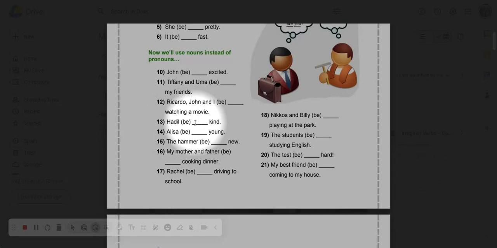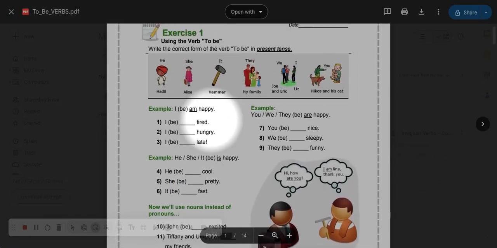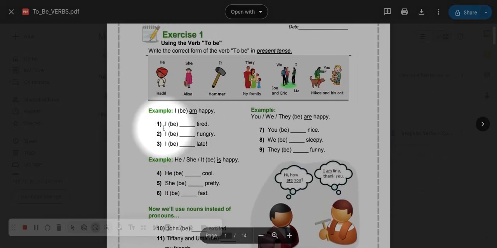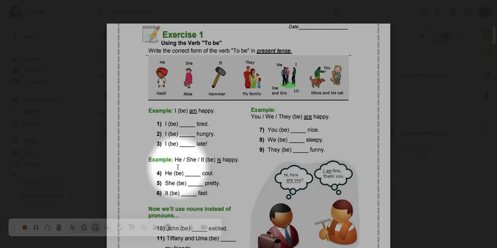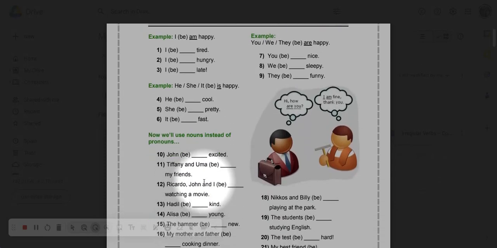Hadil is kind. If you replaced it with a pronoun, he is kind. Hadil is kind. And you can always look up here at what we've done before with the examples if you want to.